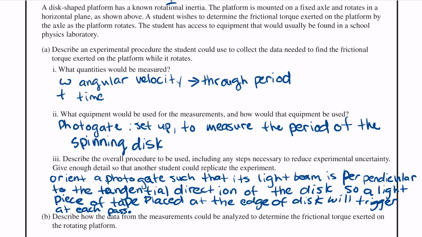Just in case you're not 100% sure how a photo gate works, it's kind of like this U shape, and let me draw it two-dimensional here. On one end, it's shooting a light beam to the other end.